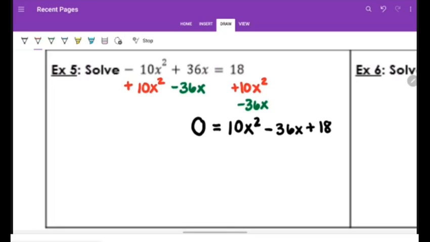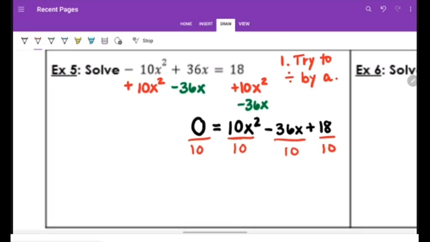Now that it's finally in standard form equals 0, now I can worry about my first step, which is try to divide both sides by a. Now, a in this case is 10. So if I were to divide everything on both sides by 10, unfortunately, we would end up with decimal numbers or fractions. Well, we don't want to do this then.